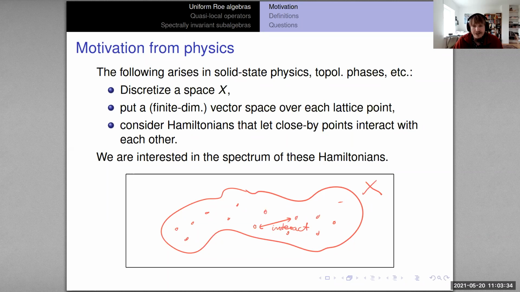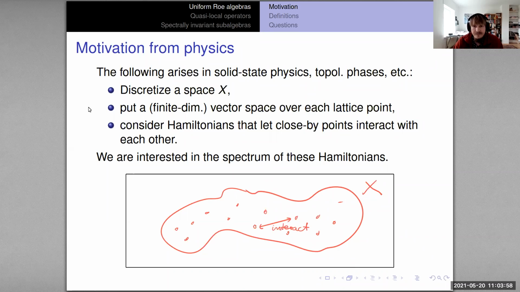Then we put a finite dimensional vector space over each lattice point. And then we consider Hamiltonians where close by points interact with each other, as you hopefully see in this small picture that I have here on the bottom of the slide. So the dots are the discretization of the space X, and then you have a Hamiltonian which lets them interact with each other.